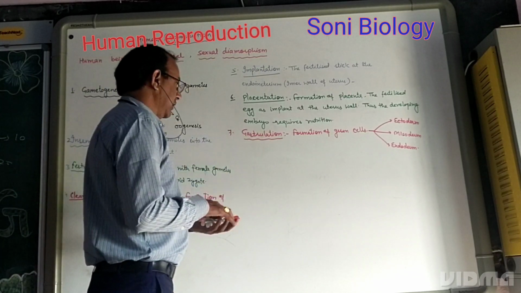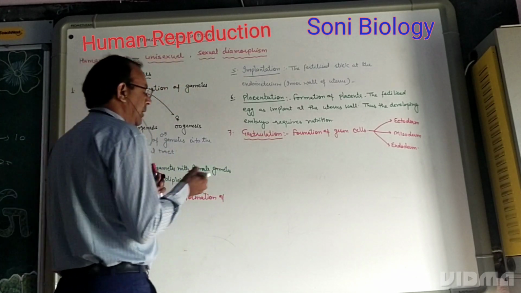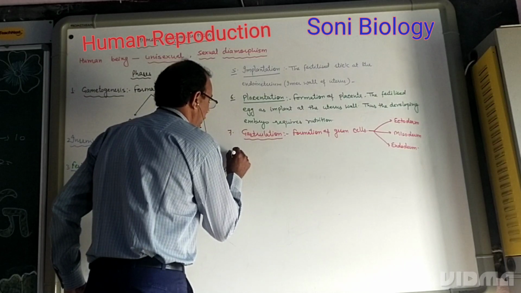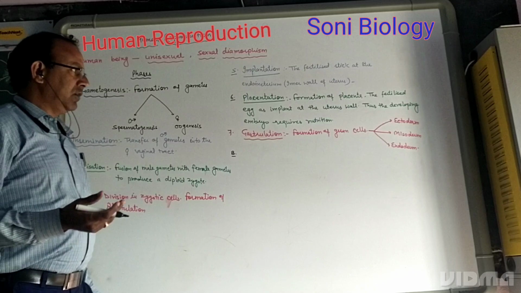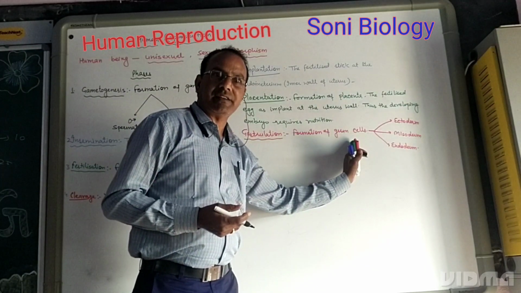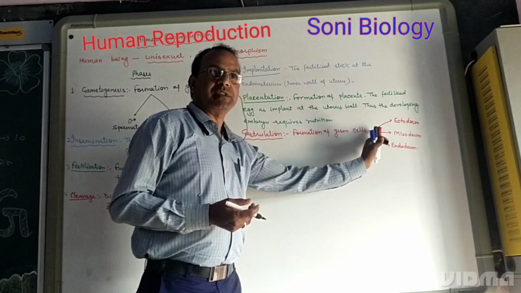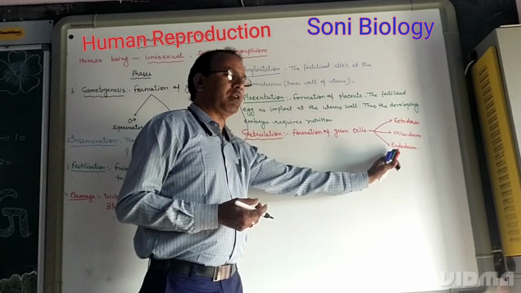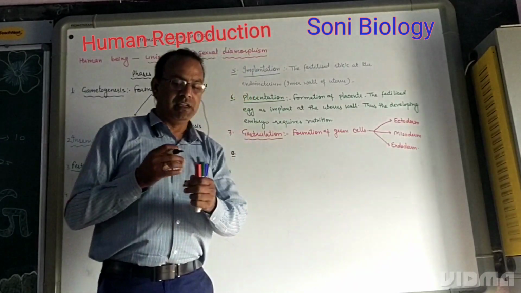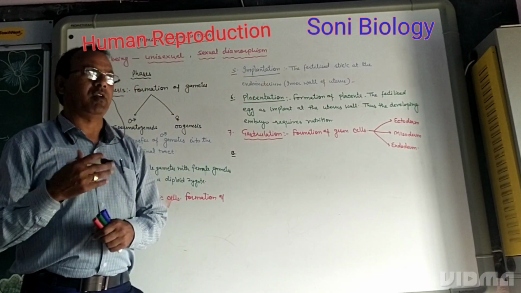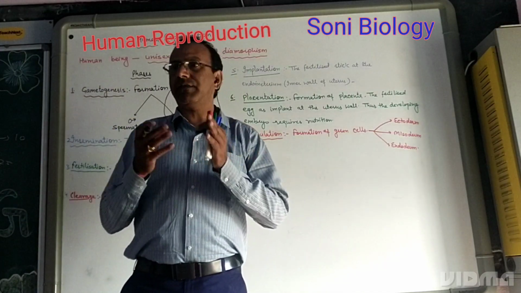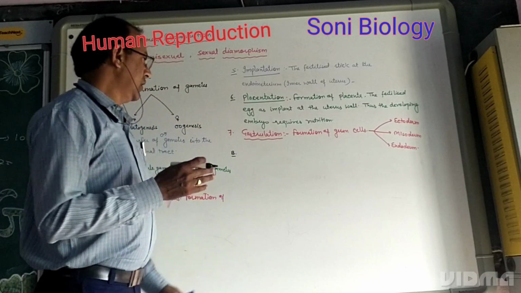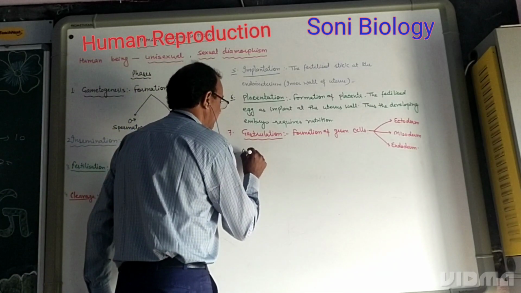After gastrulation, these germ cells help to develop the organs. There are three germ cell layers: ectoderm, mesoderm and endoderm. All these germ cell layers help in formation or development of organs. The process in which organs are developed, that phase is known as organogenesis.